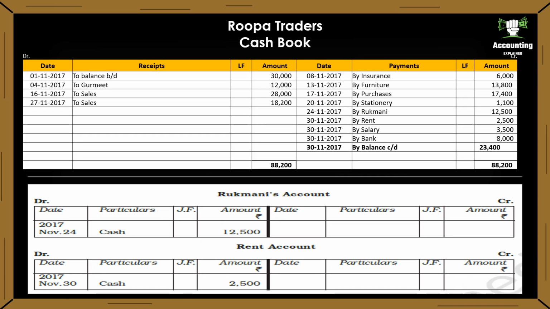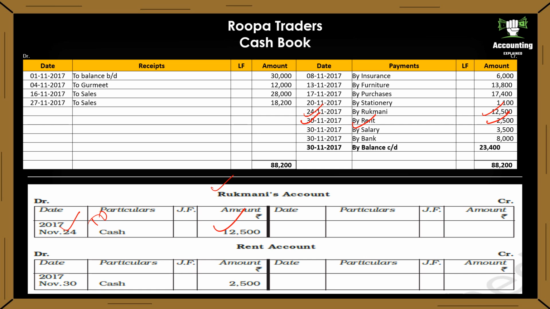Next, on 24/11/2017, it is by Rukmini, 12,500. We open Rukmini's account and write on the left side, 24/11/2017, to cash, 12,500. Next, 30/11/2017, by rent on the right side of the cash book.